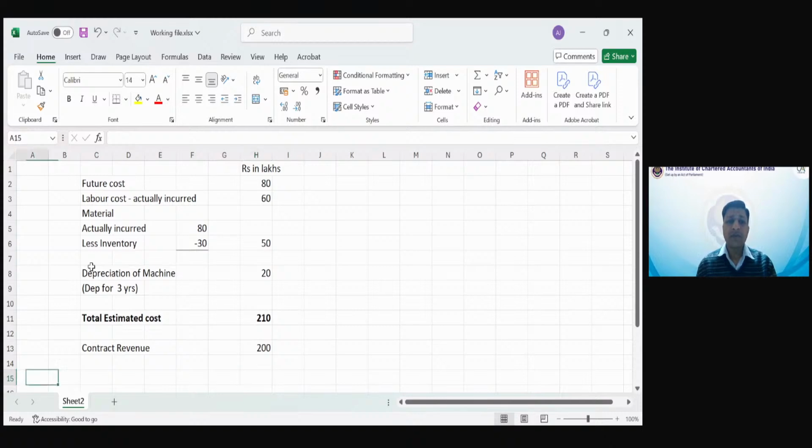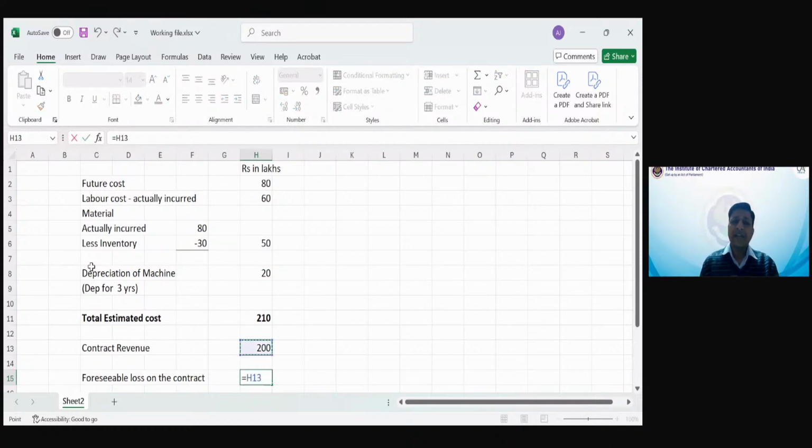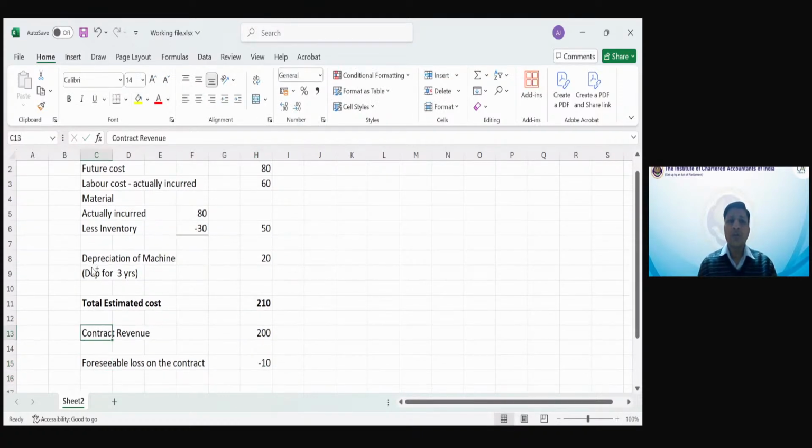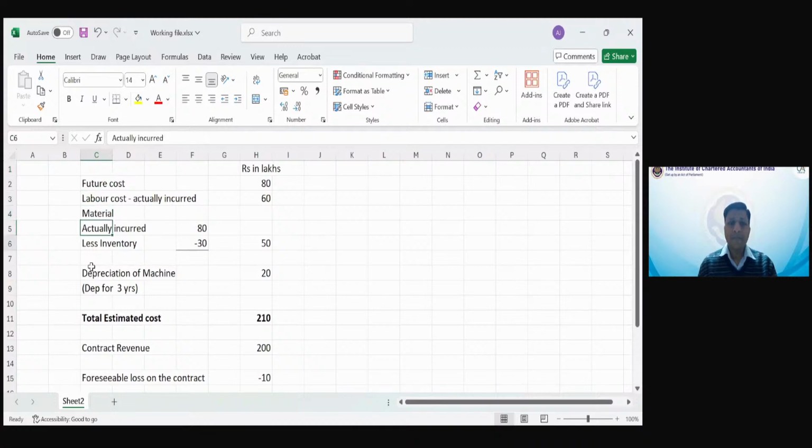Therefore, you will say foreseeable loss on the contract. What is the foreseeable loss? That is your total contract revenue less total estimated cost. Understood? Clear?